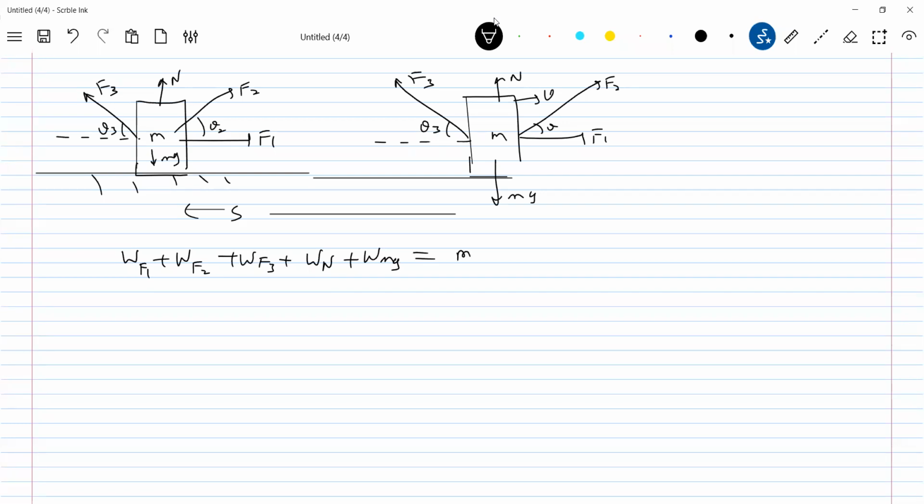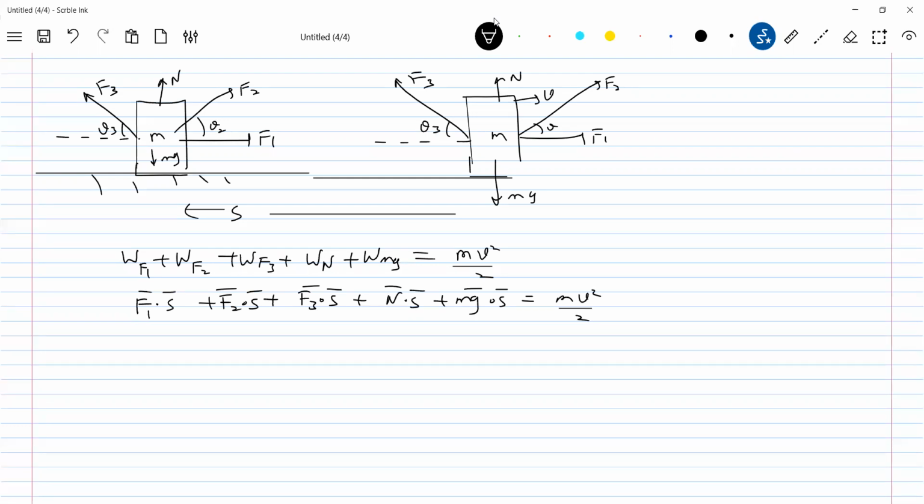That should be equal to the change in kinetic energy. Work done by the force F1, how much? F1 bar dot S bar, F2 bar dot S bar, F3 bar dot S bar, N bar dot S bar, mg bar dot S bar equals mv square by 2.